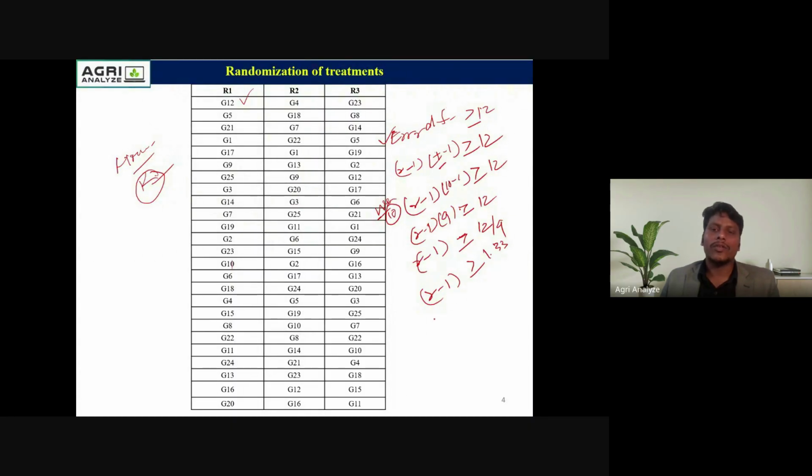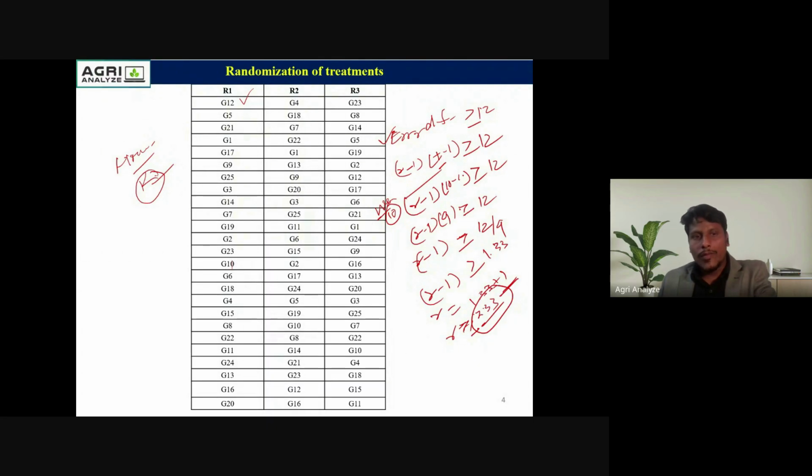So R is equal to 1.33 plus 1, that is 2.33 or more. It means the RBD design must have 3 replications, because R must be more than or equal to 2.33. That's why we keep 3 replications in RBD.